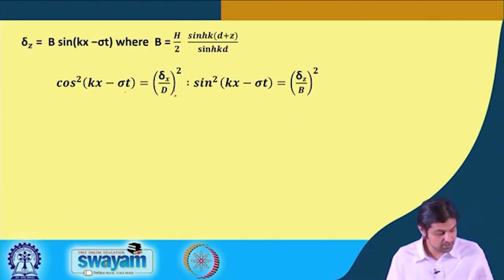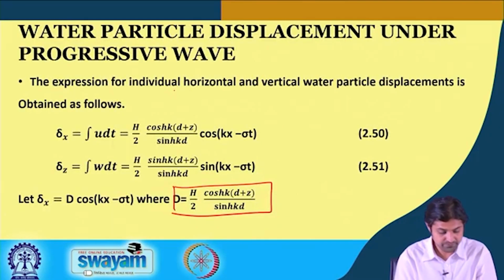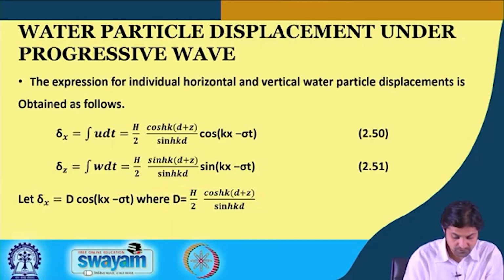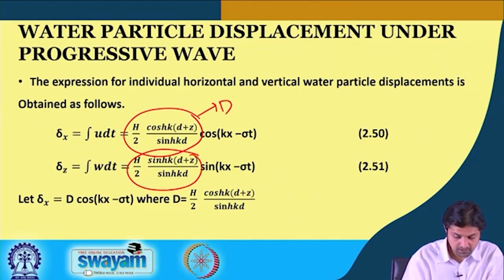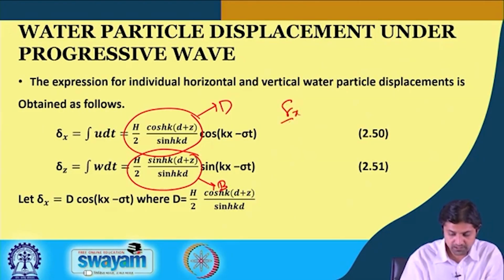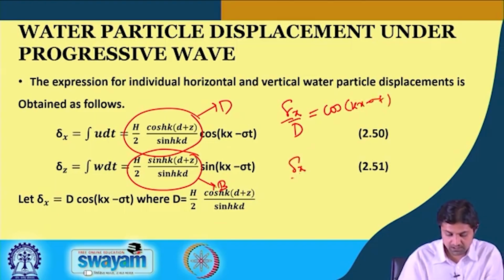All right. Let us go back. So, what we have said is this is d and this is b. All right. So, if we take d down, it will become delta x by d is equal to cos k x minus sigma t, and if we take b down here, it becomes delta z by b is equal to sin k x minus sigma t.